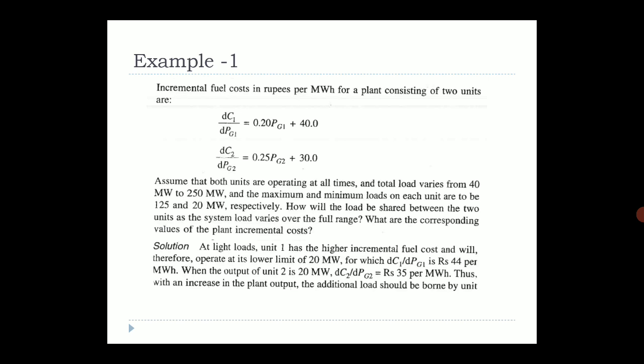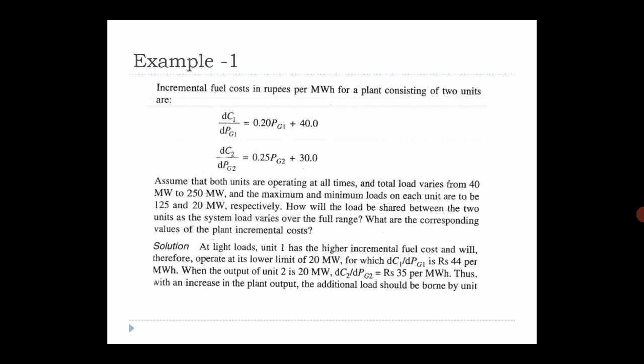Now unit 2 will take the other part of the load, that is 20. When unit 2 is taking 20, the incremental cost is 35. Unit 1 is 44, unit 2 is 35.